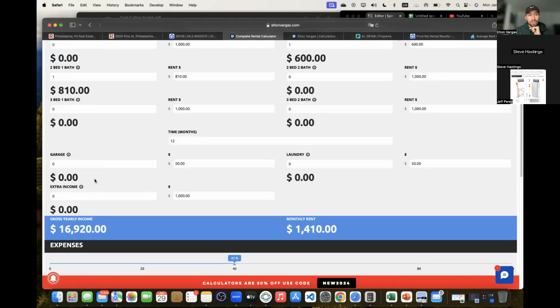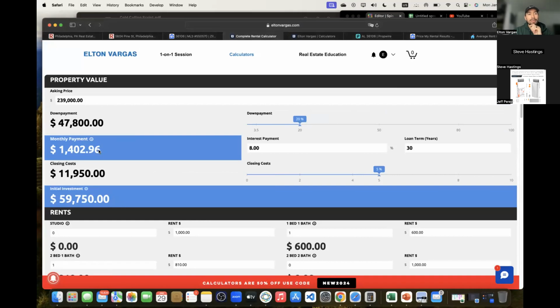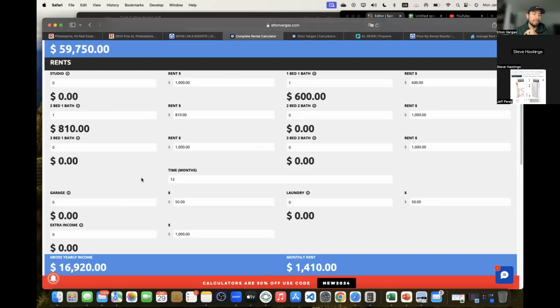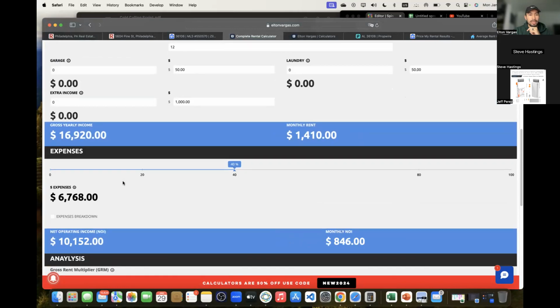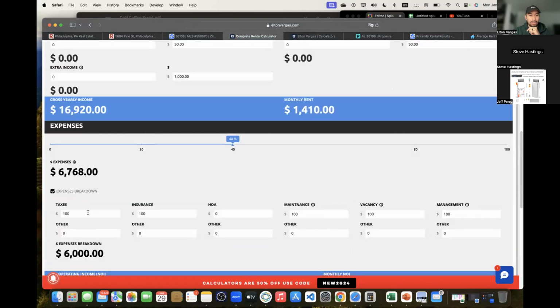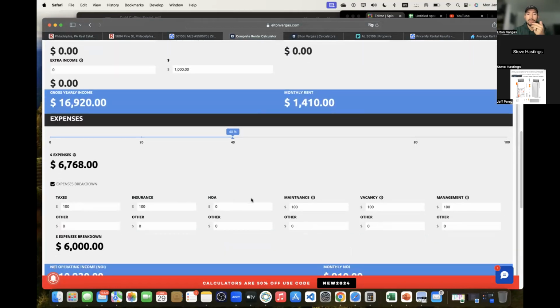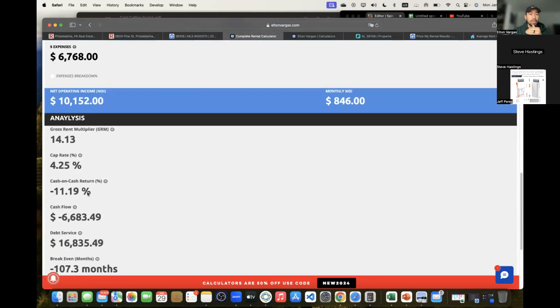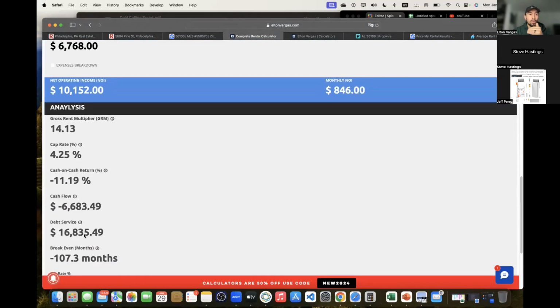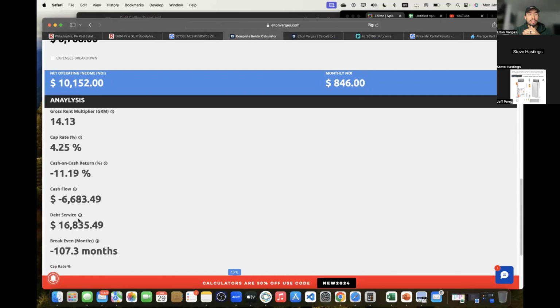So we will go back to earlier. My monthly payment is not included in my expenses. My expenses, again, are those that I was mentioning: taxes, insurance, HOA, maintenance, vacancy, and management, but not my mortgage. My mortgage is something different, as we like to call it, debt service. Debt service is your mortgage.